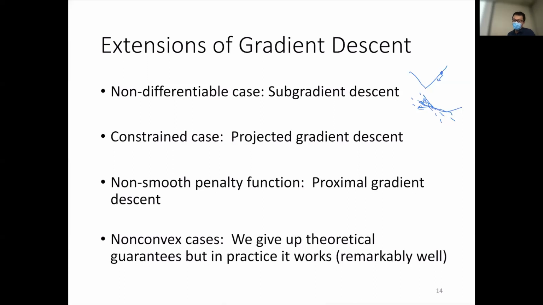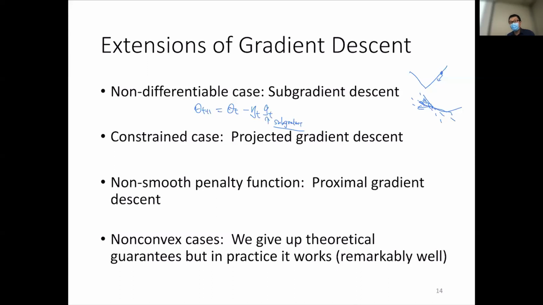That simple generalization makes this the so-called subgradient descent. The algorithm is still straightforward. It updates the parameter by moving towards the subgradient direction. When you choose the learning rate eta t appropriately, this algorithm works, and it converges to the optimal solution at a certain rate, which is known to be optimal for this family.